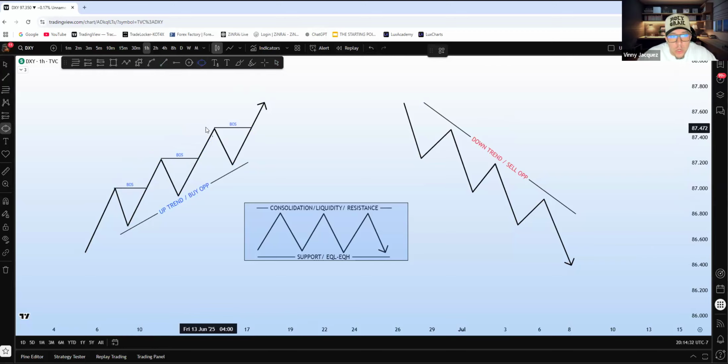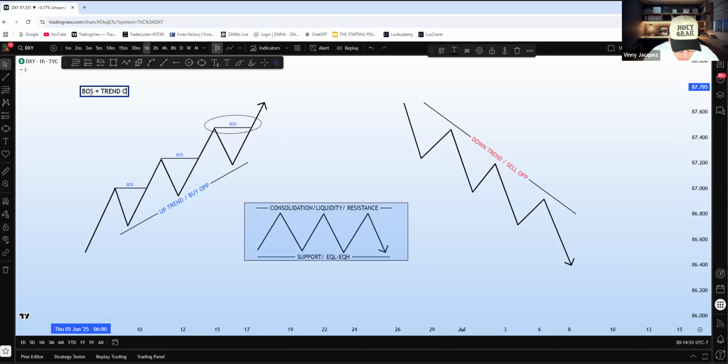Guys, when you see a break of structure, I want you to write down in your notes: break of structure, BOS, equals trend continuation. I'm just going to put BOS equals trend continuation. Can't even spell, bro.